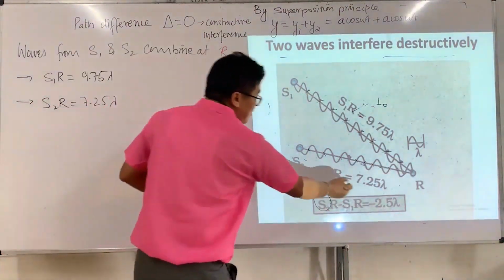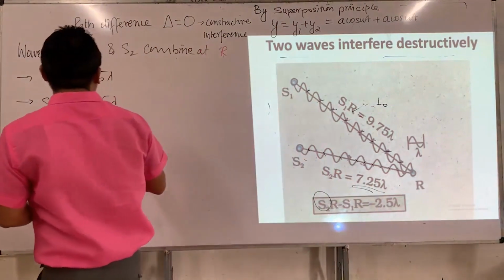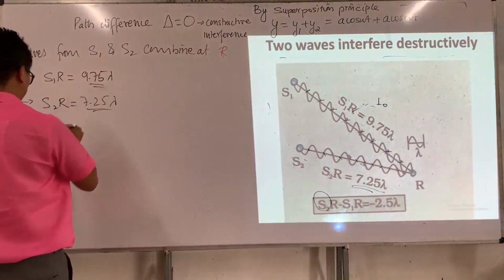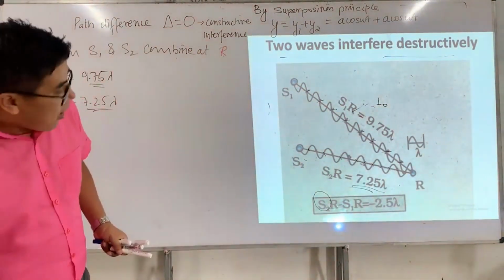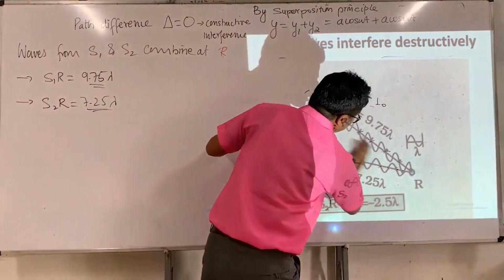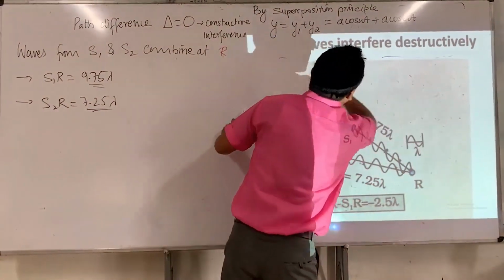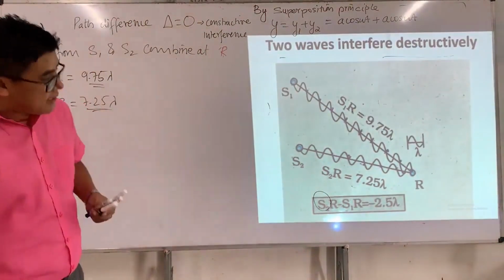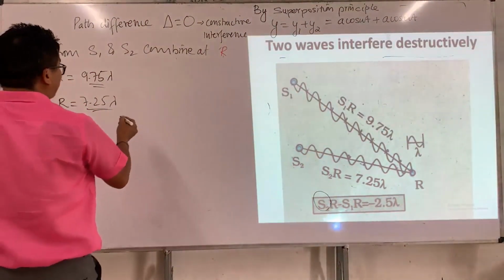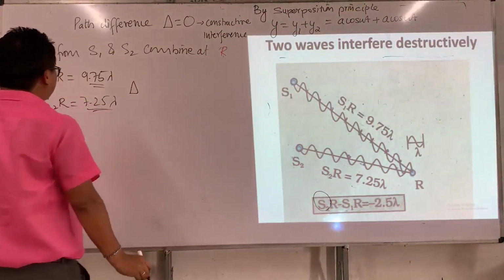Alright. So the total distance is going to be 7.25. Now this diagram is there in your textbook. You see the diagram properly in the textbook. And now what is the path difference?